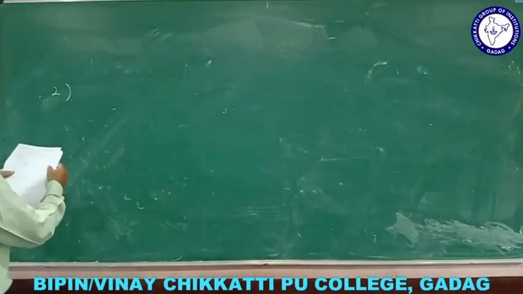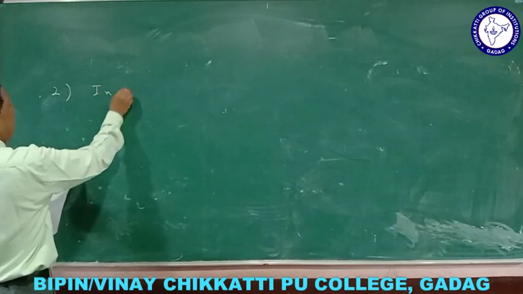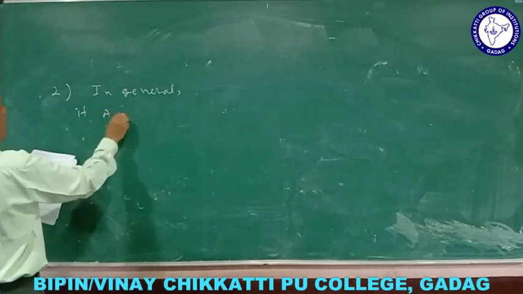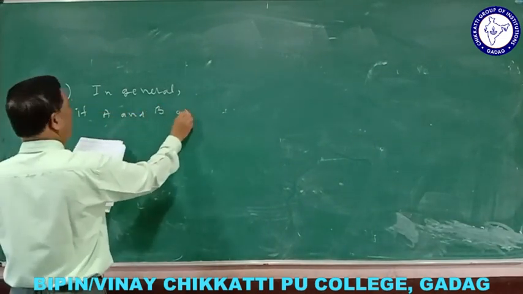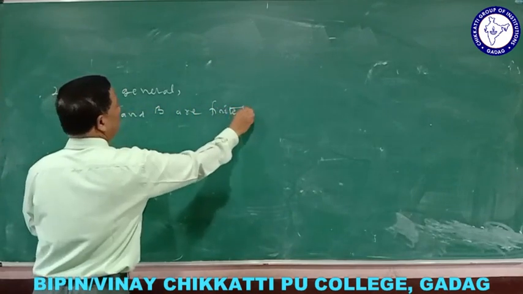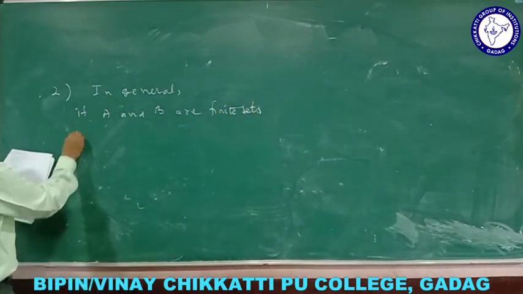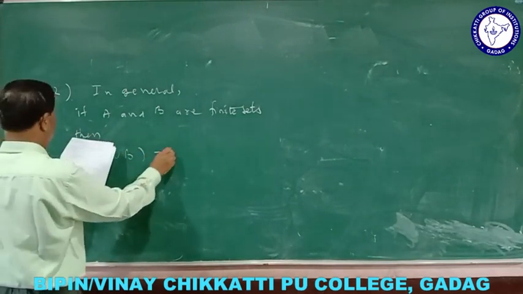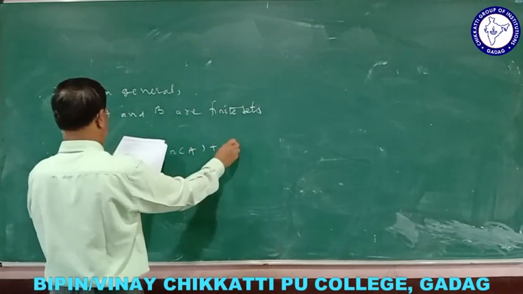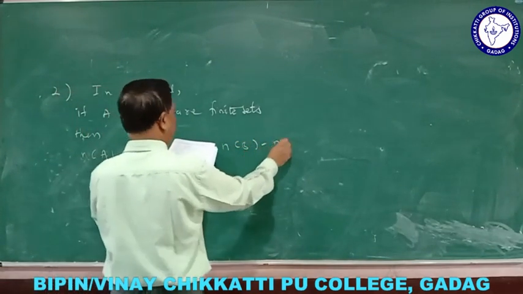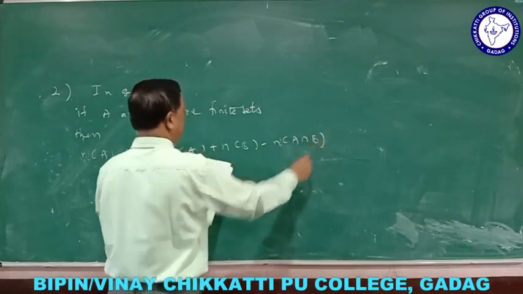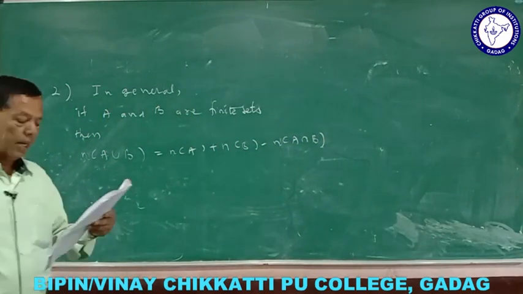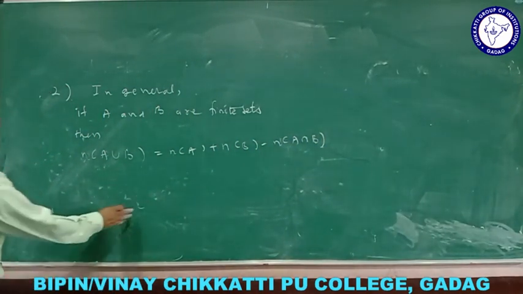So in the second case, in general, if A and B are finite sets, then n of A union B is equal to n of A plus n of B minus n of A intersection B. So accordingly you have to see the result here. And now try to understand how this result is proved.